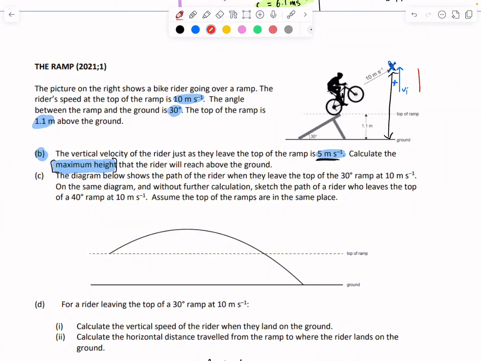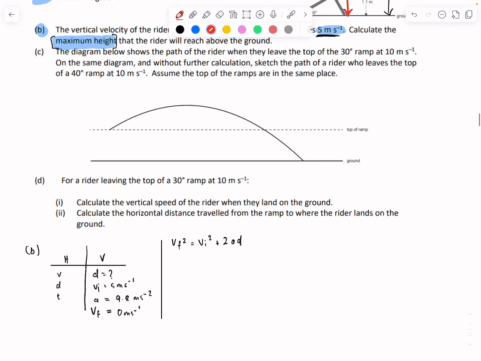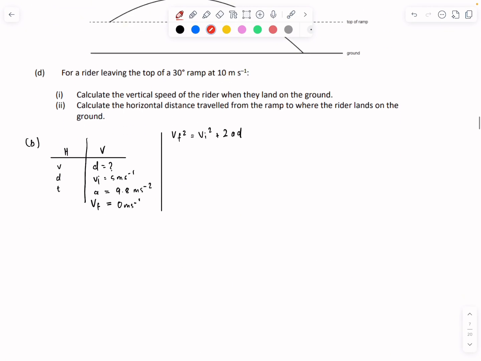Acceleration is going down, okay? It always pulls the rider down, because of gravity. And because it's opposing this upwards velocity, we make the acceleration a negative value. So in our calculations, we have to make 9.8 a negative value, and we leave the initial velocity as a positive. VF we don't have to worry about because it is at 0 meters per second.